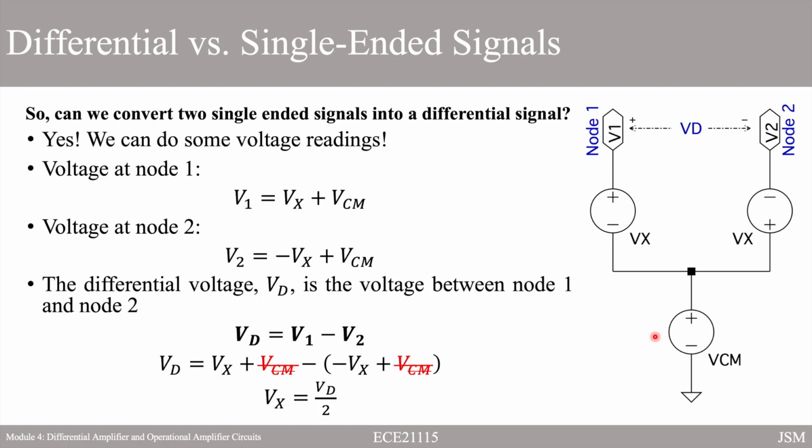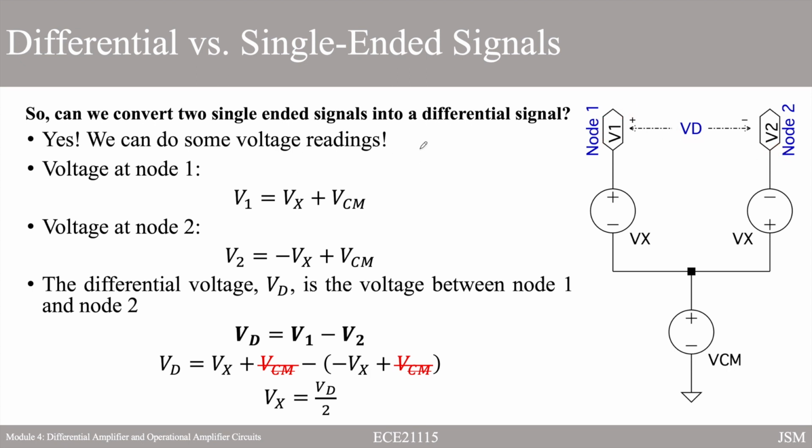So, the question is, can we convert two single-ended signals into a differential signal? So, kapag meron tayong V1 na measurement and V2, makukuha kaya natin yung differential signal? Okay, of course, makukuha natin yan dahil first of all, VD or the differential voltage is the voltage between node 1 and node 2.